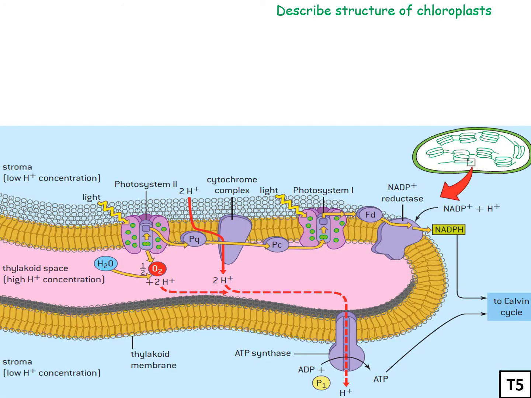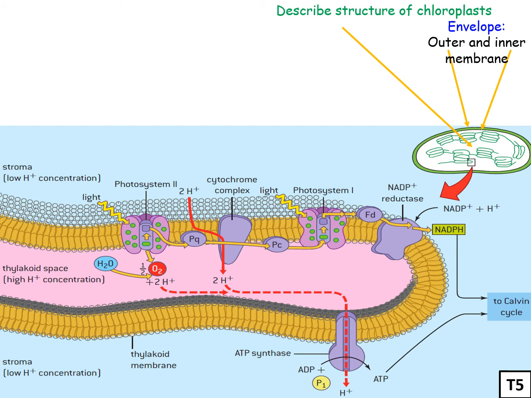Describe structure of chloroplast. So here we can see the structure of chloroplast on the top right, and we can see that it has both an outer and inner membrane, and this is known as the chloroplast envelope.